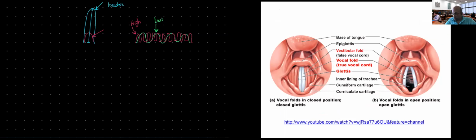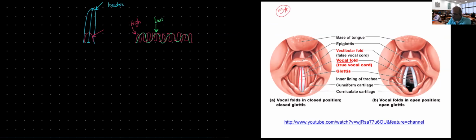All right, so moving on to another important diagram. This is a diagram showing the vocal cords. If you notice, the vocal cords are actually formed of connective tissue bands. Those white parts are the ones which will be vibrating.